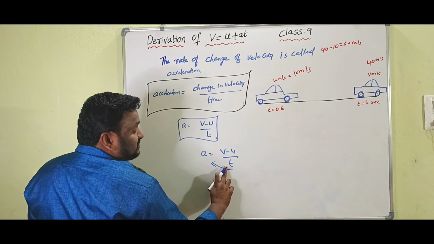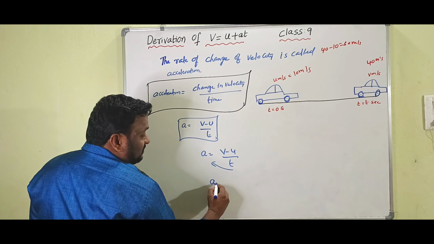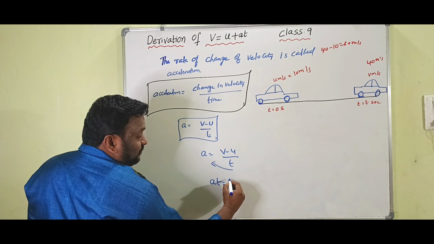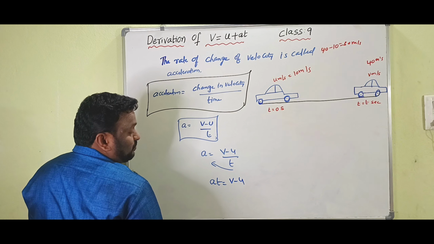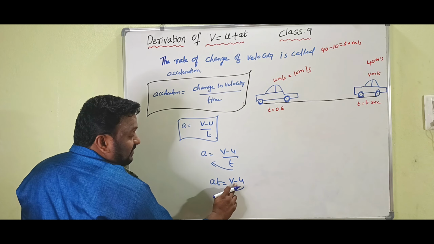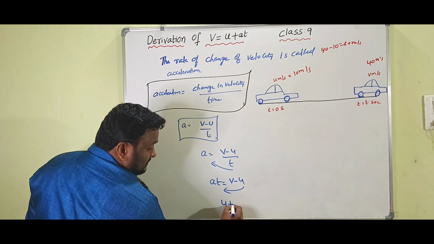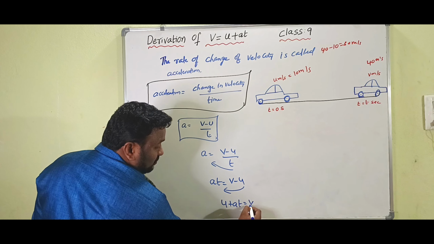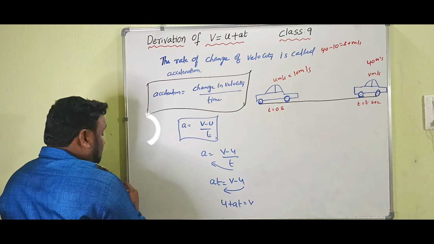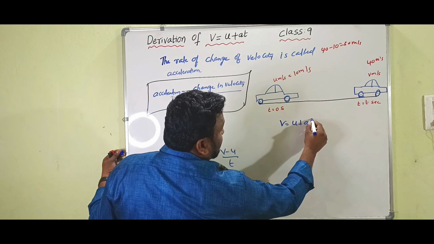In this equation it is in the denominator; when it comes to this side, it becomes multiplication: at equals v minus u. After that we bring the u to this side. Here it is minus u; if it is brought to this side, it becomes plus. That's why u plus at equals v. So children, that is the equation we got: v equals u plus at.